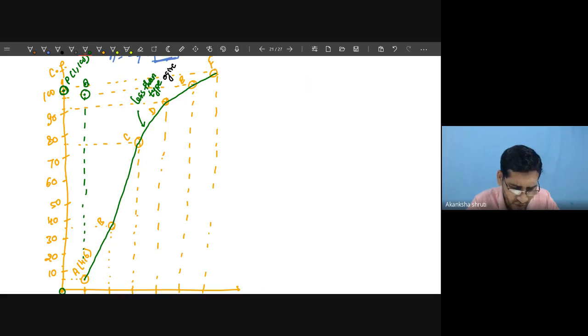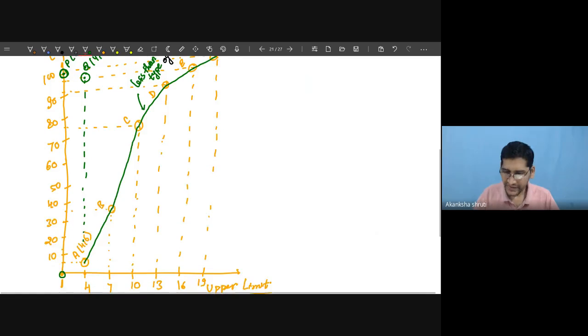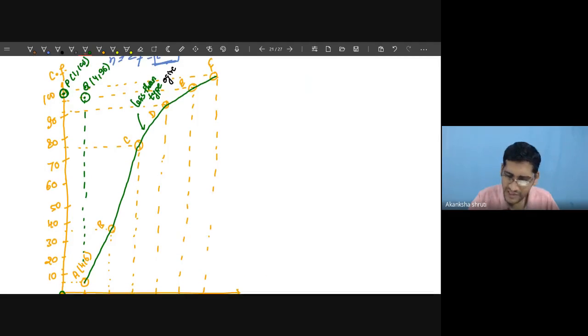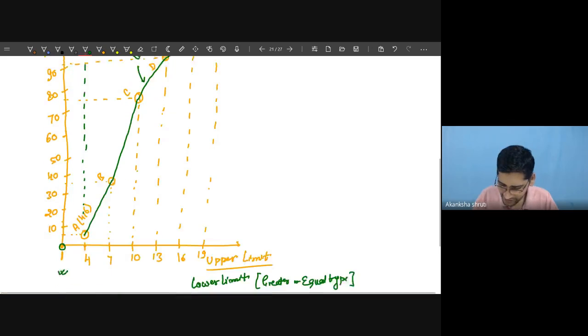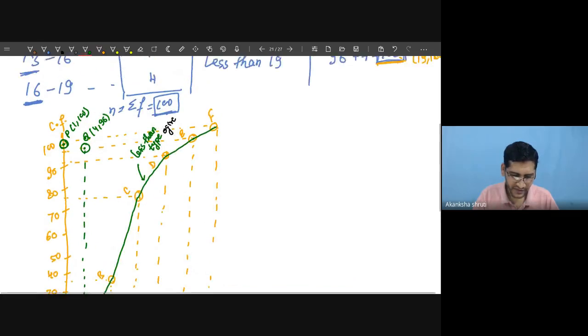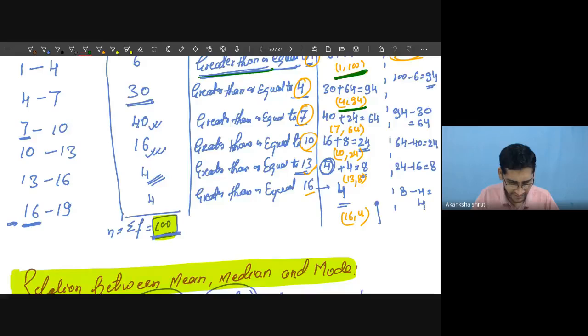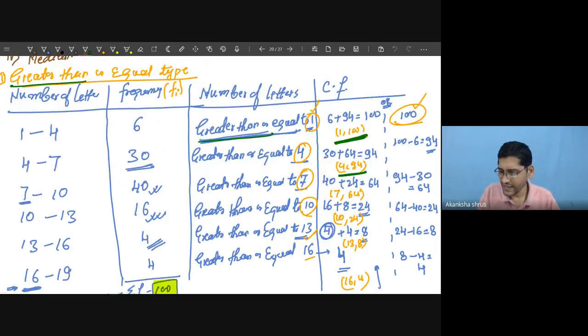Mark this as Q, 4 and 96. Then take the other one. Third one is our 7. From that table, which table? Student, we are drawing for the lower limit. Lower limit means greater than and equal type. So at this time, we need to observe the table which is the greater than and equal type table.